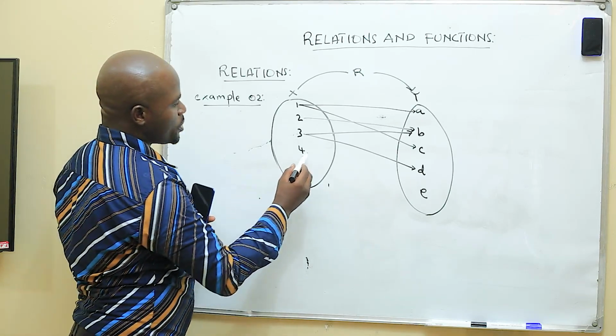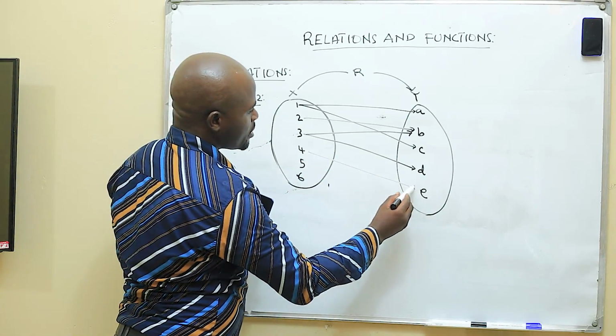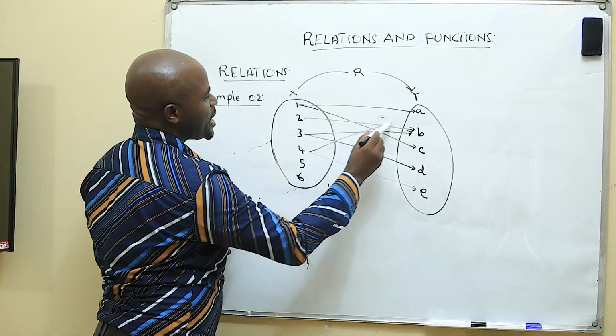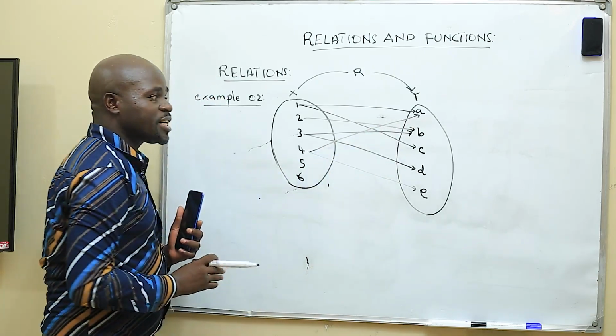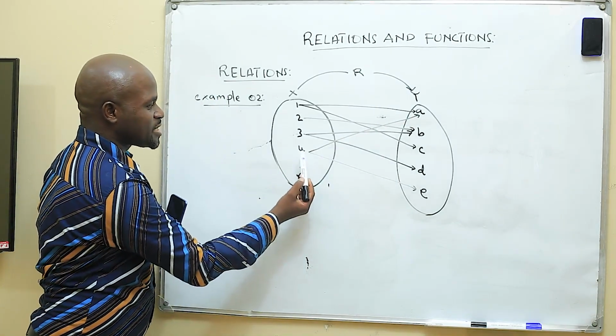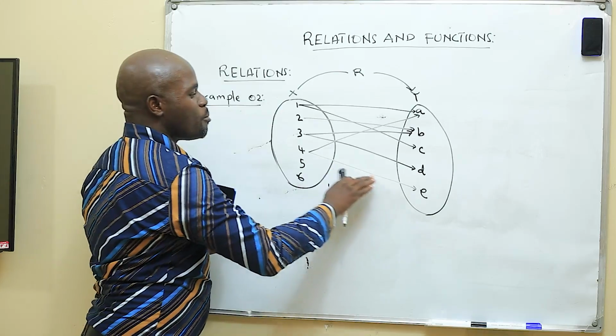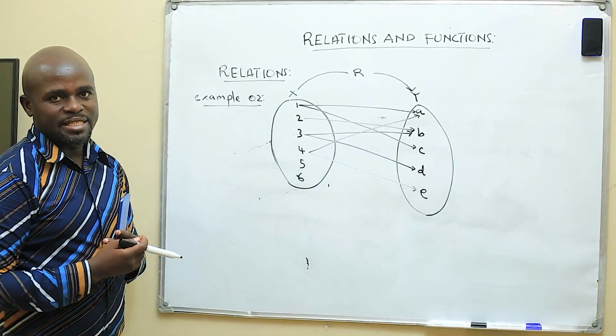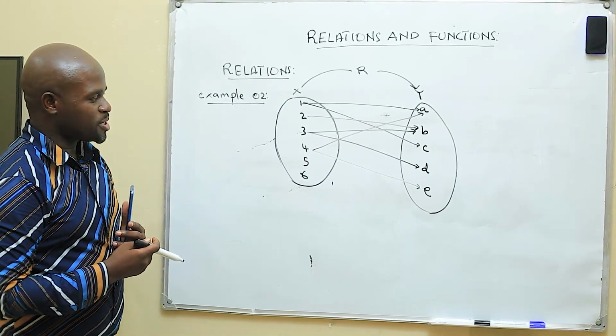Number 4 can go with E. Number 4 also can go with A. In relation, this is possible. One element of the first set can go with one or more than one element of the second set. In relation, this is possible.